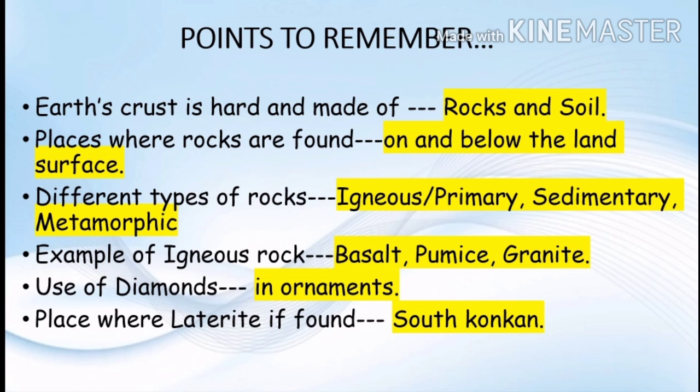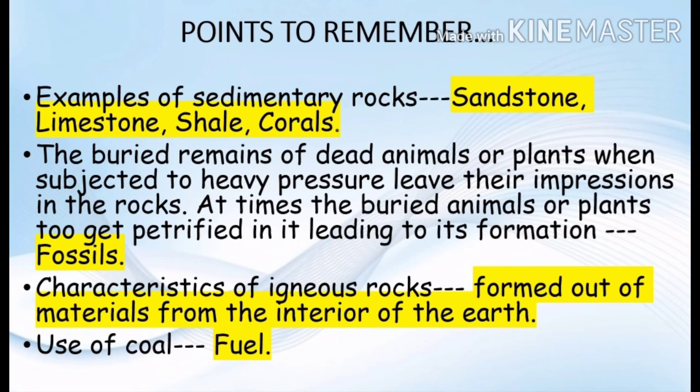Examples of igneous rocks are basalt, pumice and granite. The place where laterite is found is only South Konkan. Examples of sedimentary rocks are sandstone, limestone, shale and corals.